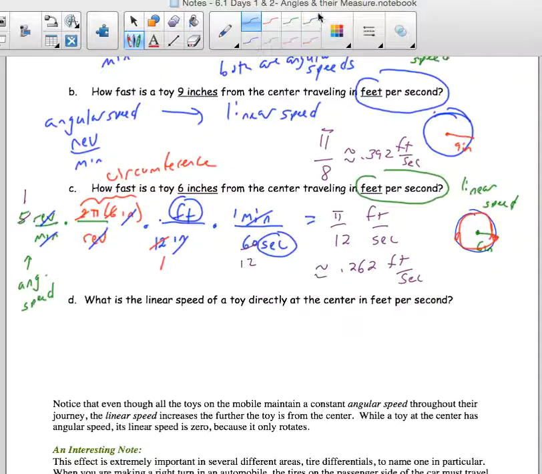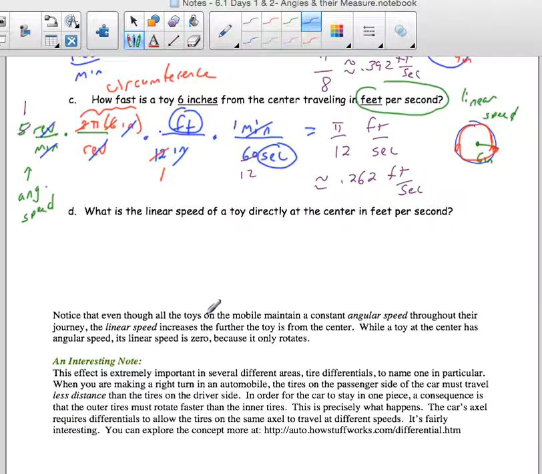Let's do part D. What is the linear speed of a toy directly at the center in feet per second? If something's directly at the center, the radius is 0. So if we want to, we could go through the entire calculation. So we could say we have 5 revolutions per minute times in each revolution, the toy travels 2 pi times 0 inches. Oh, I'm sorry, it's not inches, it's feet.